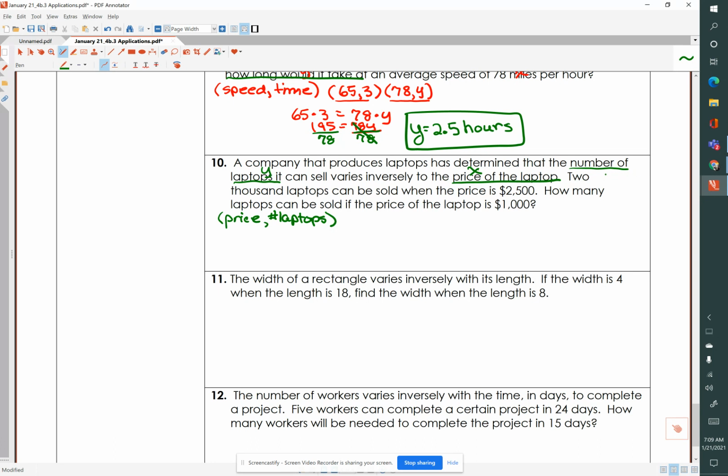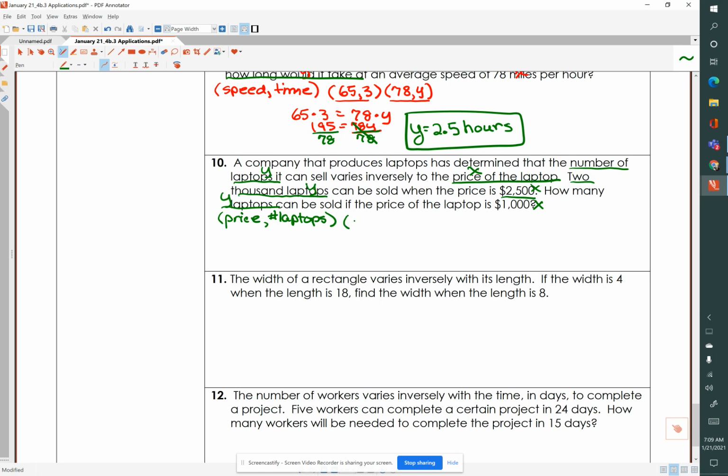Okay, so let's get into our ordered pairs. 2,000 laptops can be sold when the price is $2,500. So this is our y, this is our x. How many laptops, so that's a missing y, can be sold if the price of the laptop is $1,000? That's our second x.